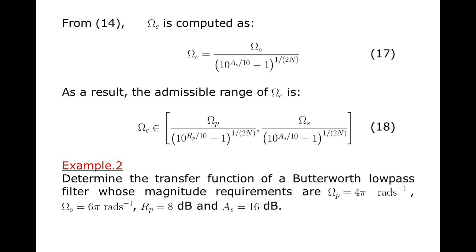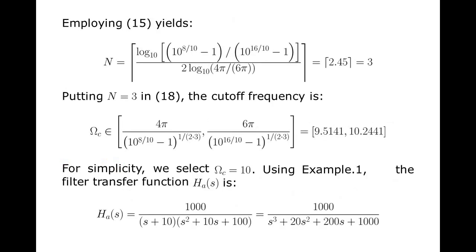So example number 2 shows how the transfer function of a Butterworth low pass filter can be determined. The following parameters are given: ohm P is 4 pi radian per second, ohm S is 6 pi radian per second, the ripple in the pass band is 8 dB, that may be epsilon, and the ripple in the stop band AS is given as 16 dB.